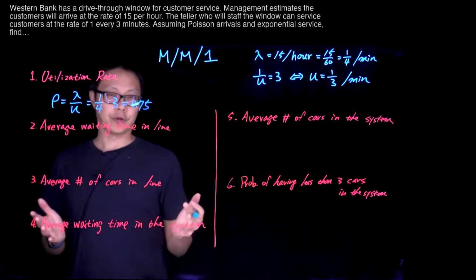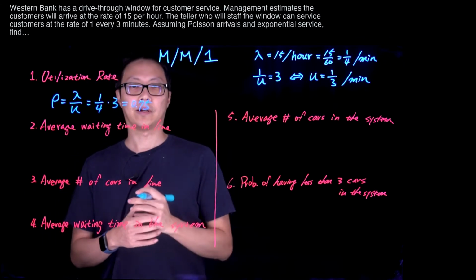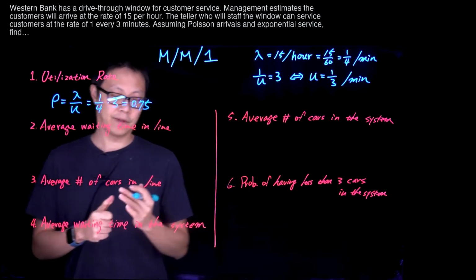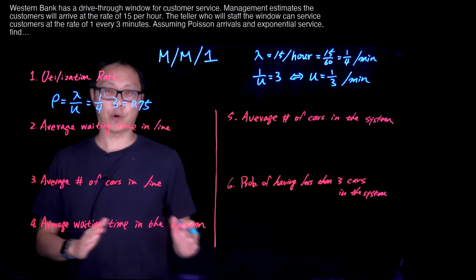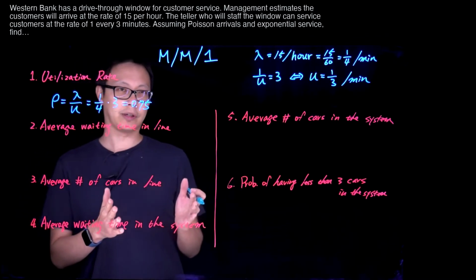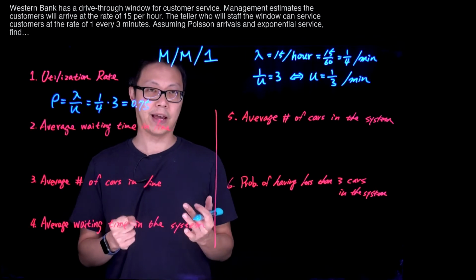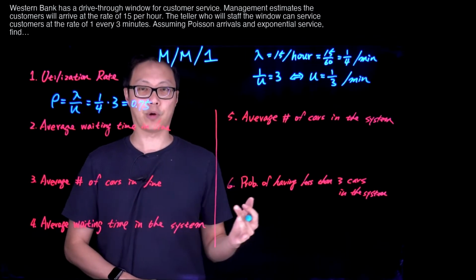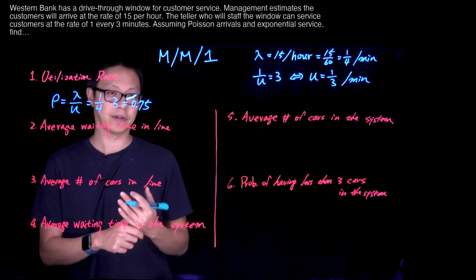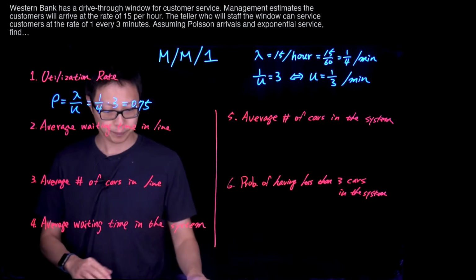So on average, the server will be busy 75% of the time. The remaining 25% of the time, the server is not busy, so you don't have to wait.